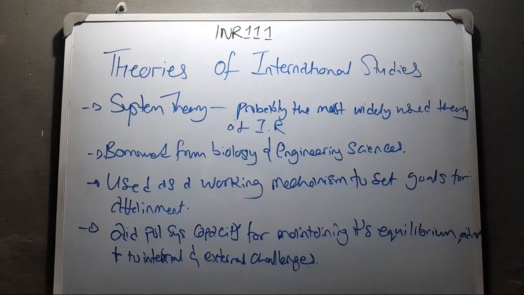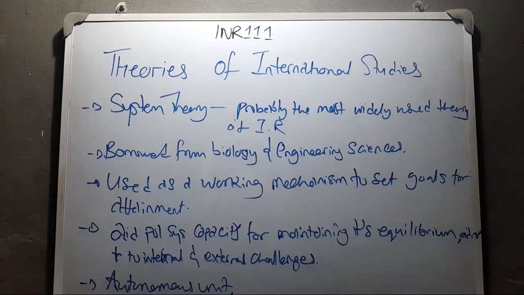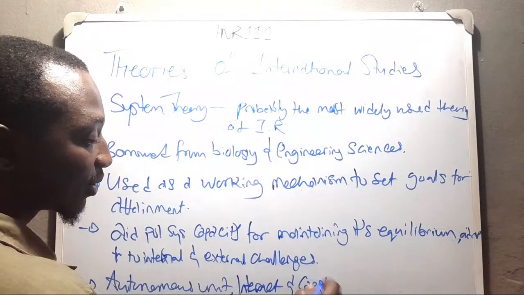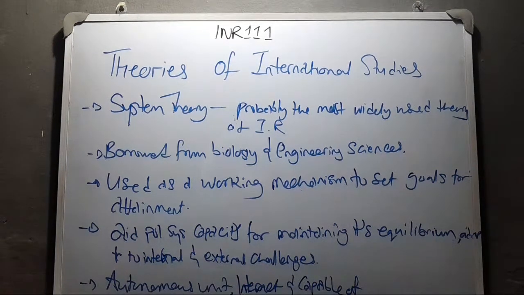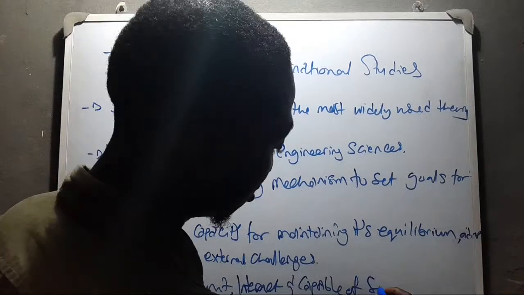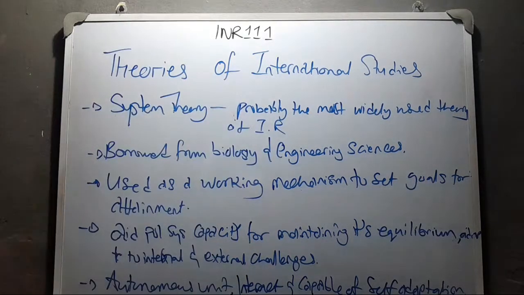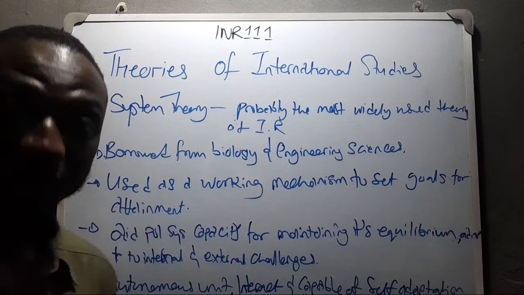The key point here is that autonomous means kind of independent, a unit which interacts and is capable of self-adaptation. That is the system theory. So now let's move to the next one.